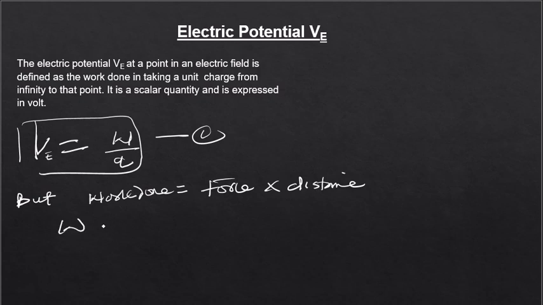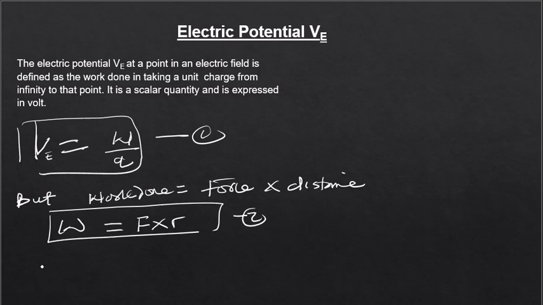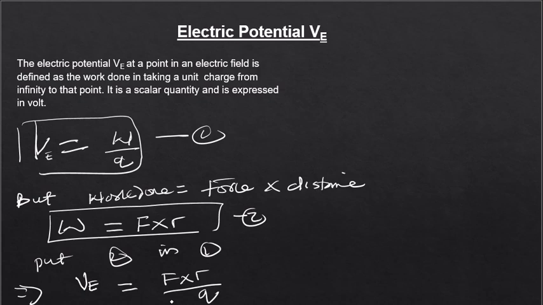So we have work equal to force times distance, equation 2. Put 2 in 1. It implies that VE is equal to F times R divided by Q. This becomes our equation 3.